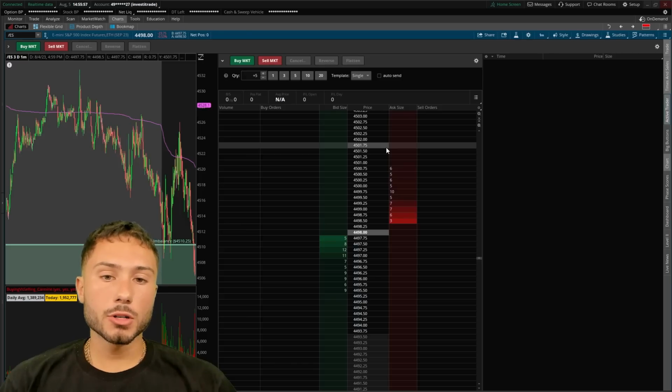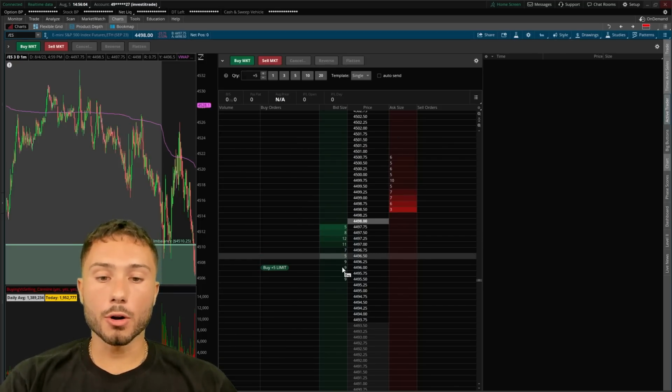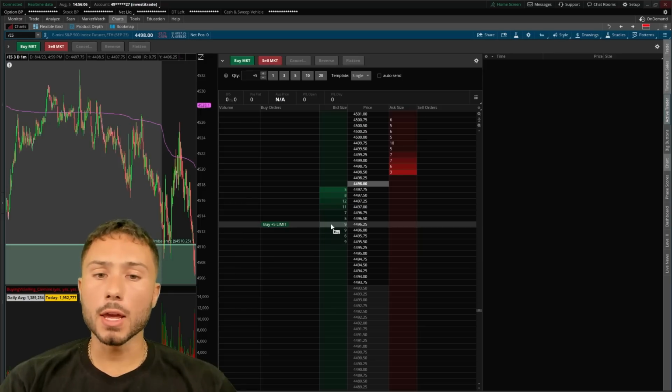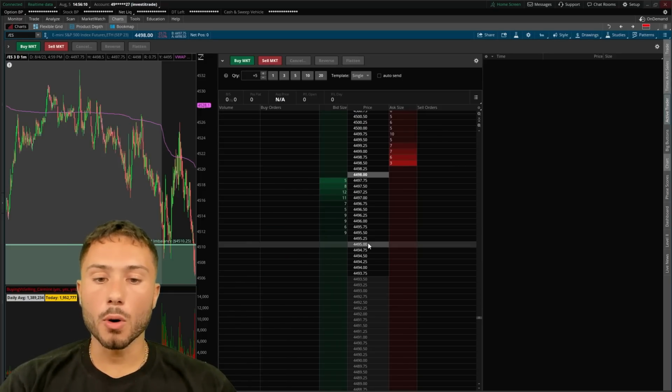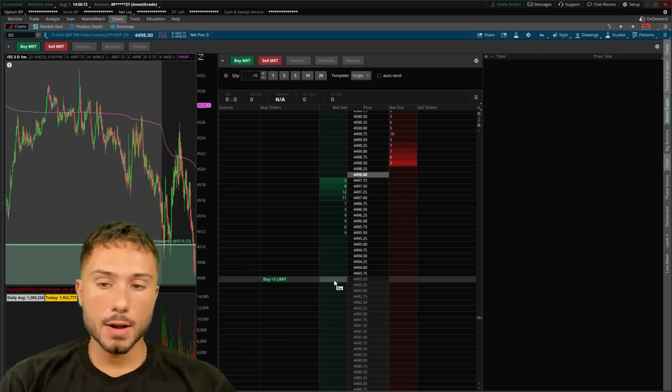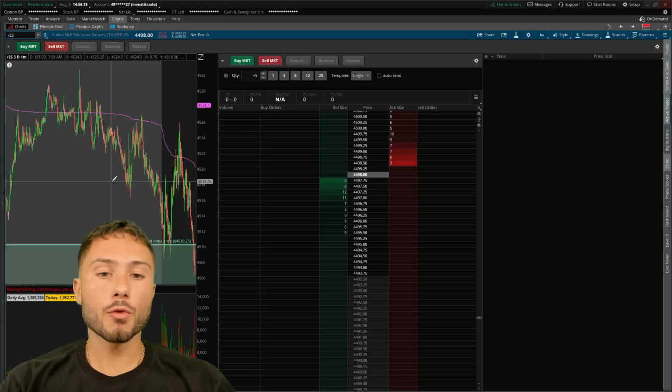All passive orders do not show true intention, meaning I could go slap a 500 lot order looking to buy at 4490. And as soon as we come close to 4490, I can remove that order. Now, there's algos, it's spoofing, it's definitely illegal, but there's a lot of workarounds around that.